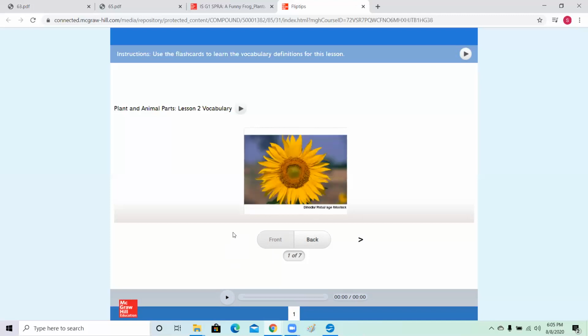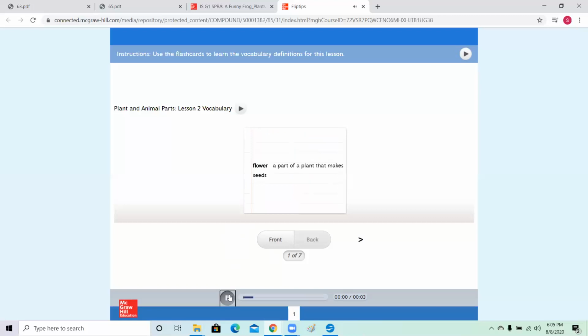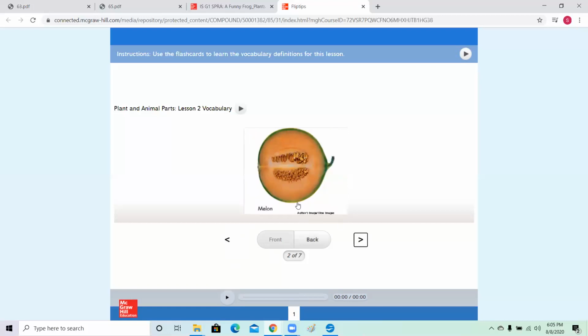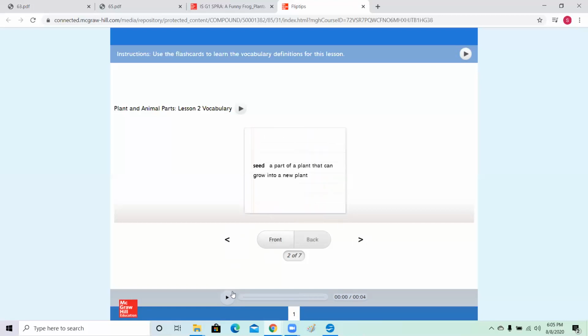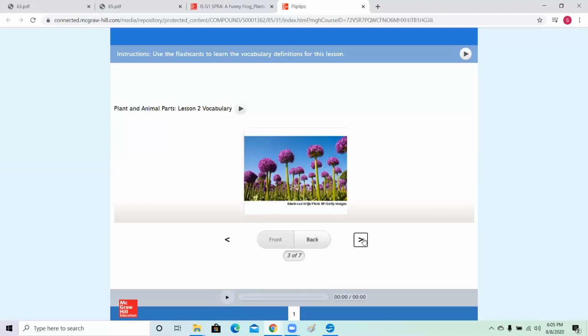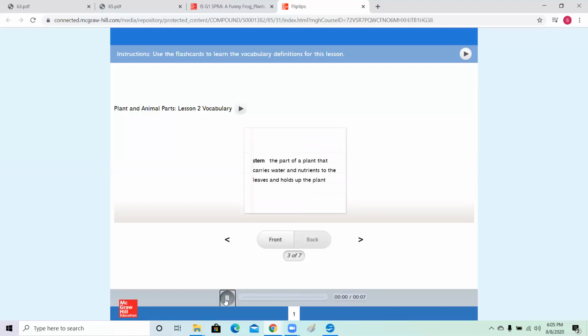Flower. A part of a plant that makes seeds. Seed. A part of a plant that can grow into a new plant. Stem.